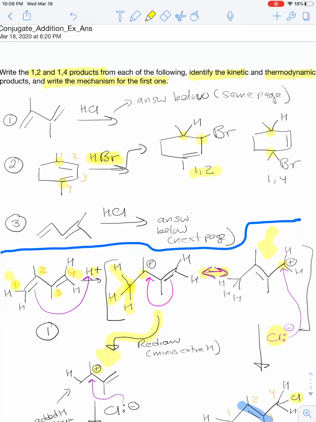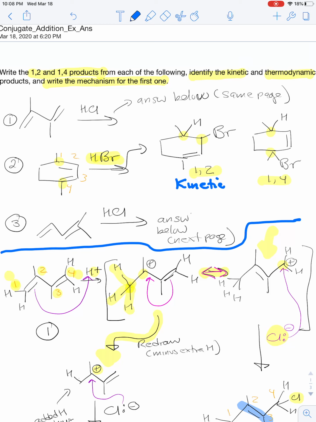I had already labeled these as the 1,2 and the 1,4 products. In terms of double bond stability, the 1,2 product, as it always is, is the kinetic product.